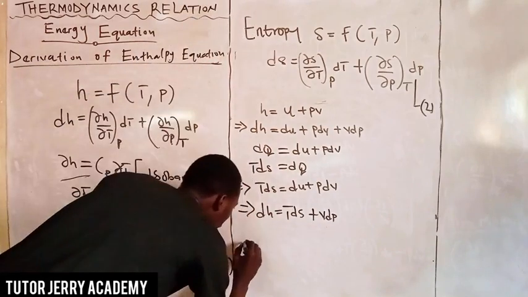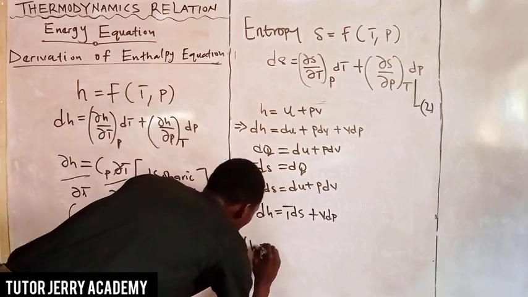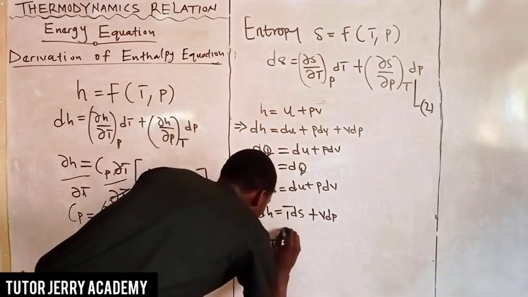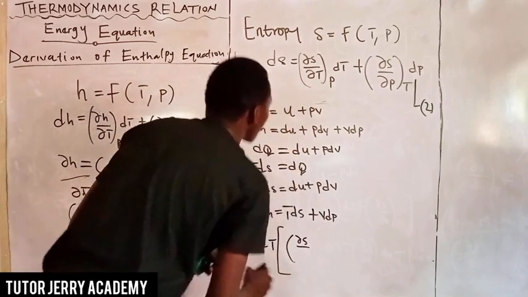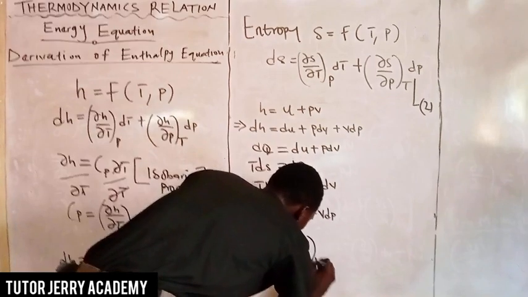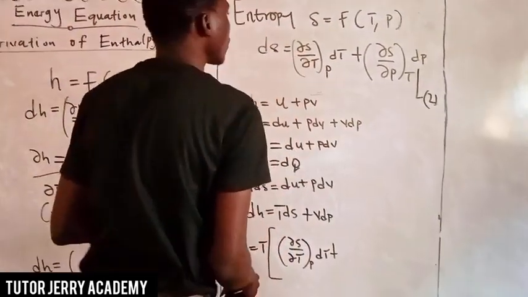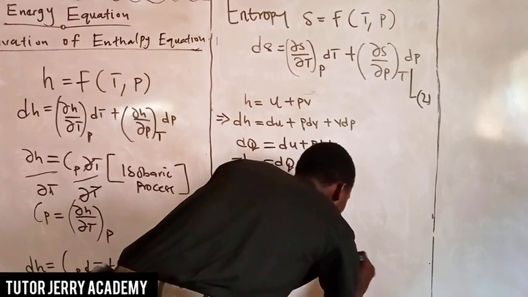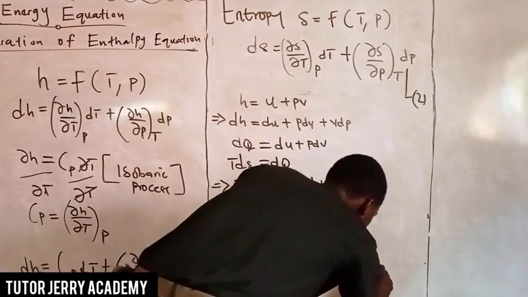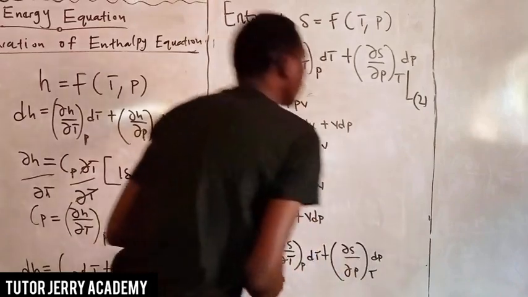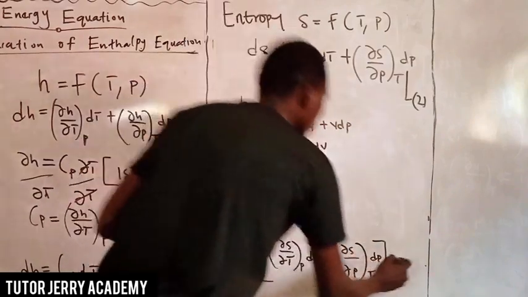If we do that, we are going to have dH equal to T into the bracket of the partial derivative of S over the partial derivative of T, keeping P constant, dT, plus the partial derivative of S over the partial derivative of P, keeping T constant, dP, close bracket, plus V dP.